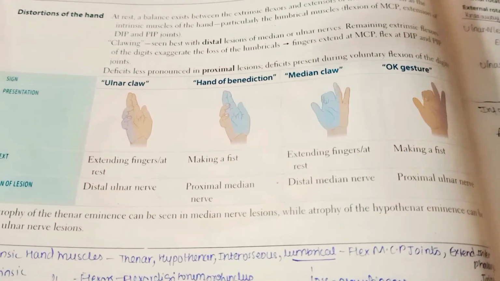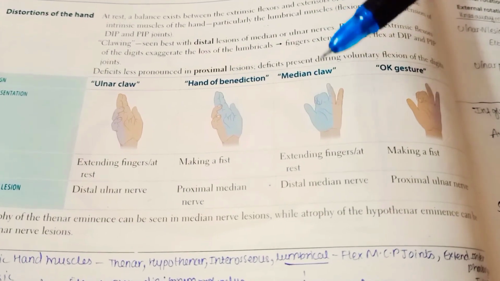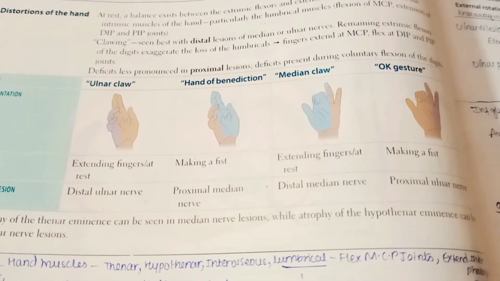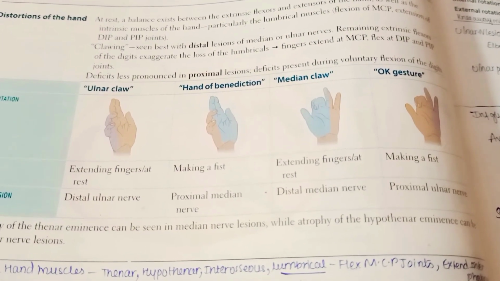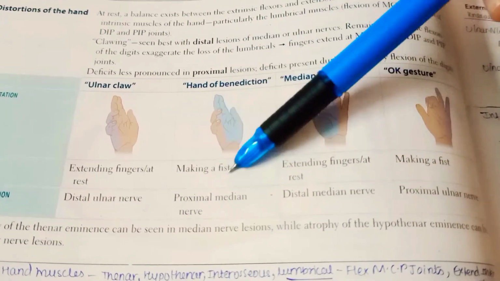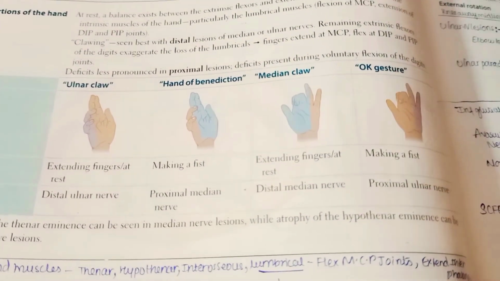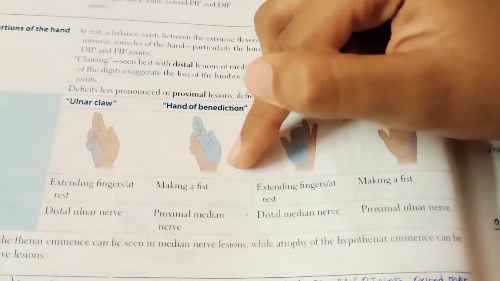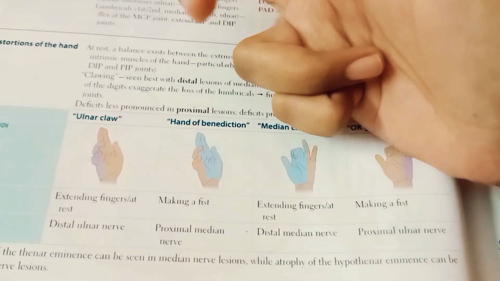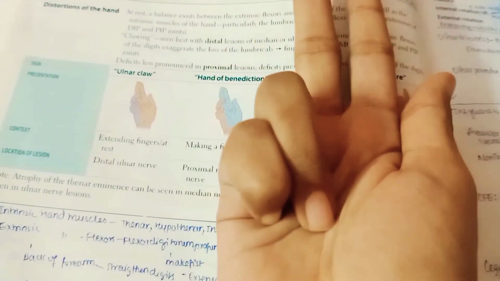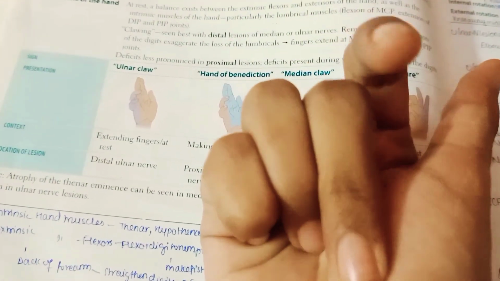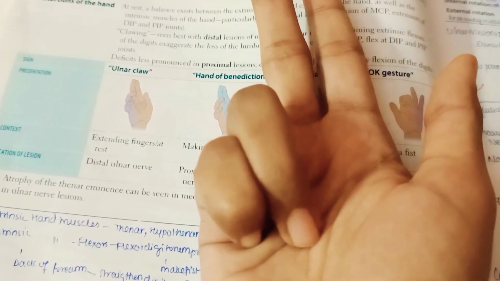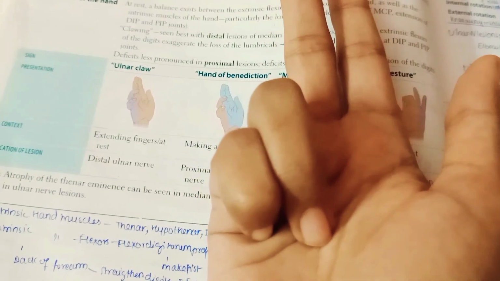And finally you need to remember how the ulnar claw, hand of benediction, median claw and OK gesture form. In the hand of benediction and the OK gesture, we are trying to make a fist. In the hand of benediction, you can see we are closing only these two fingers, but we are unable to close these fingers, because this thumb thenar side, if you remember, is supplied mainly by the median nerve.